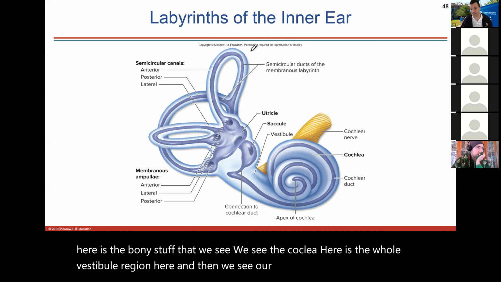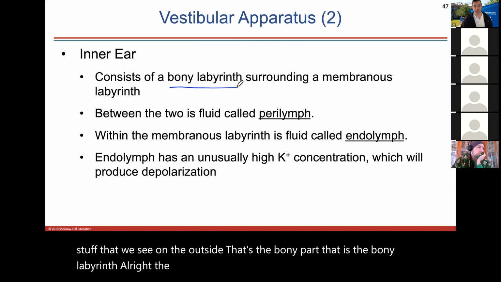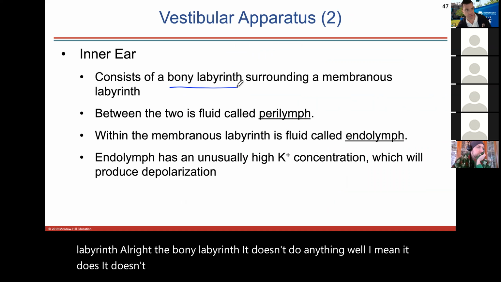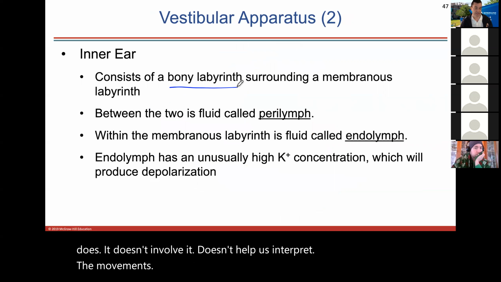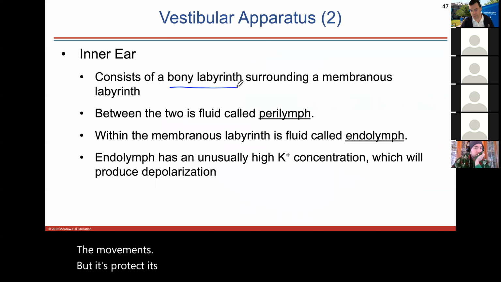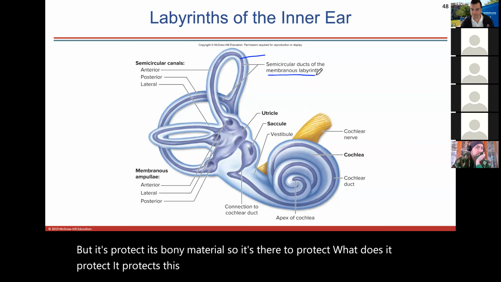That stuff we see on the outside, that's the bony labyrinth, all right? The bony labyrinth doesn't do anything. Well, I mean, it does. It doesn't help us interpret the movements, but it's bony material, so it's there to protect. What does it protect? It protects this membranous duct right there.